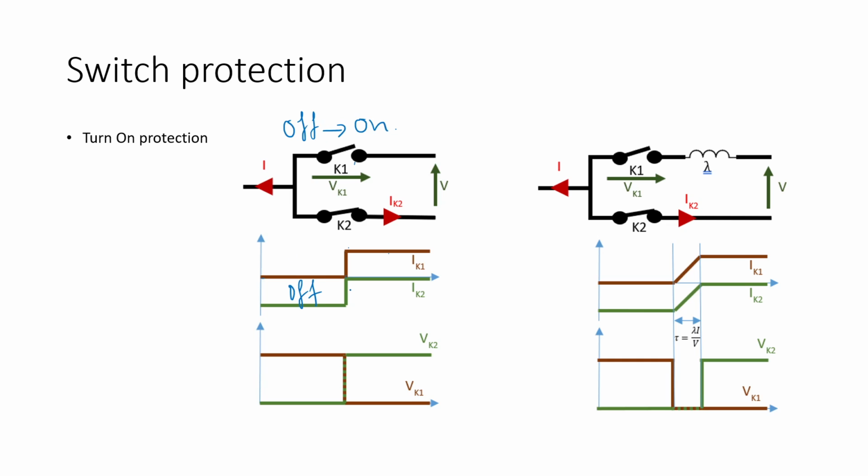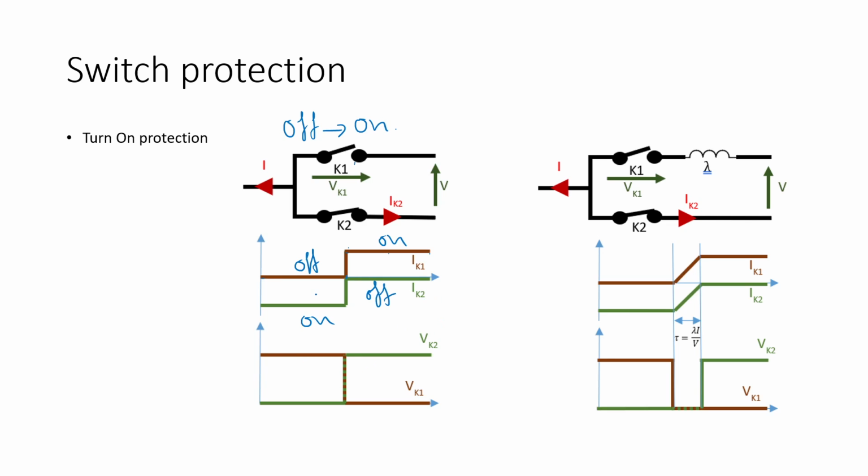During this period off, during this period on. For K1, current is 0 when it's turned off, and then on here. For K2, off, on for this one, and this one from on to off, right? Like K1 and K2.